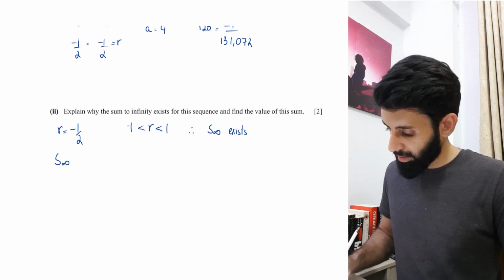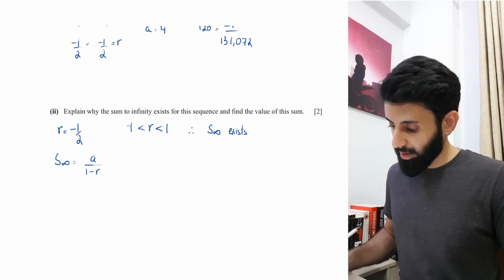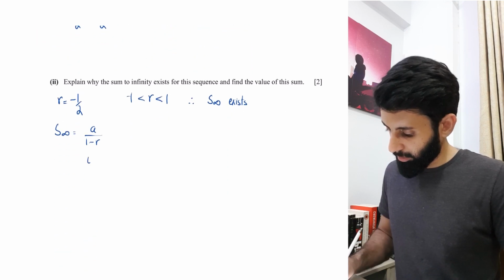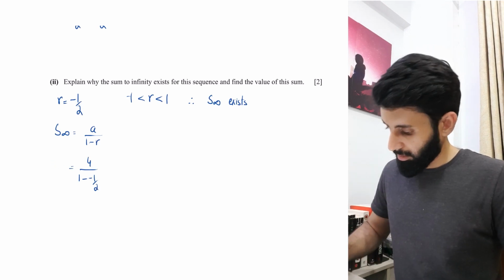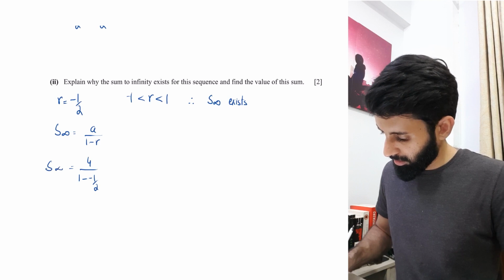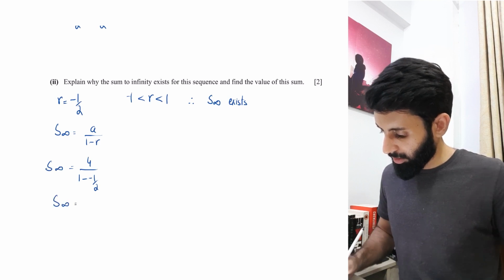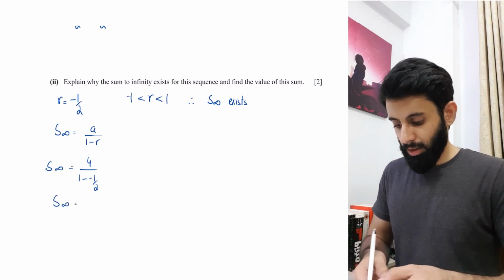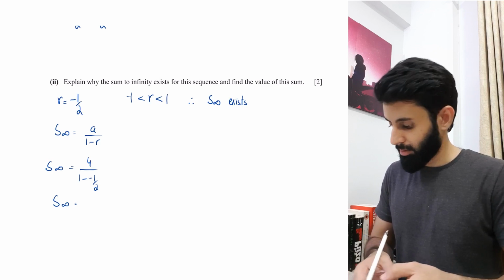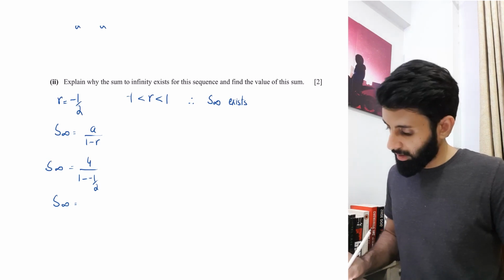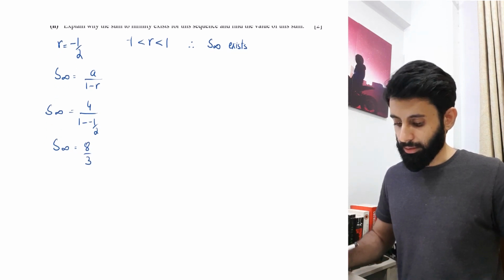So sum to infinity, as we know, is equal to a over 1 minus r. We can see that the first term is 4, 1 minus minus 1 upon 2. So let me just draw this nicely. The sum to infinity is going to be equal to 4 over 1 minus minus 1 upon 2. So that means minus is going to be plus. And we're looking at 8 upon 3 as our final answer.